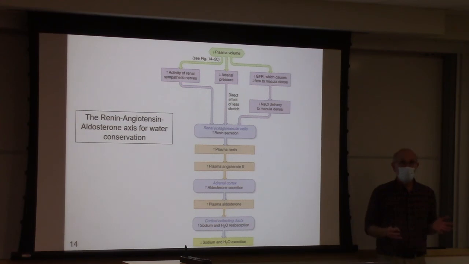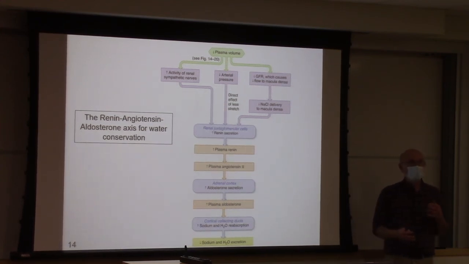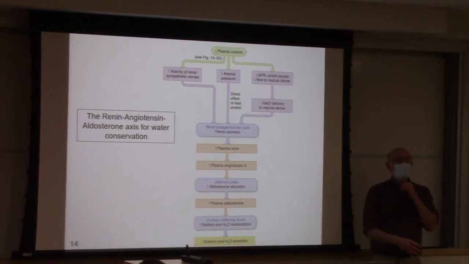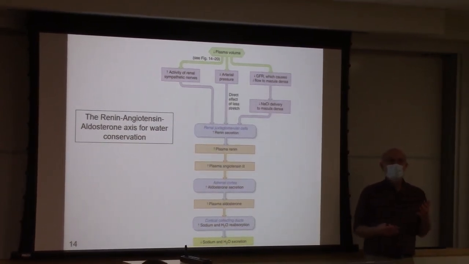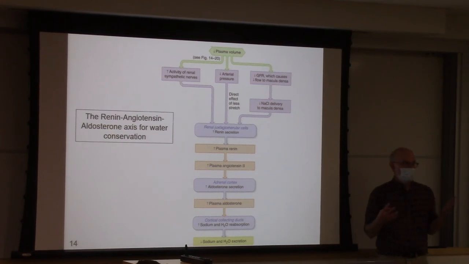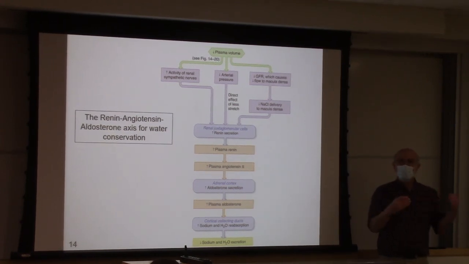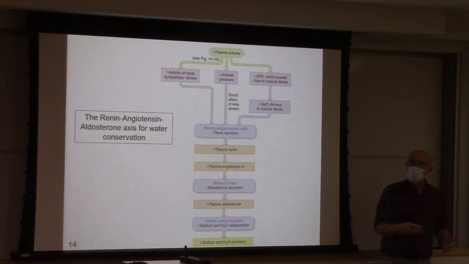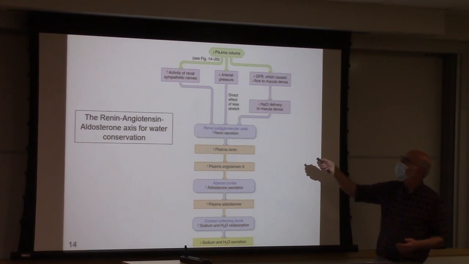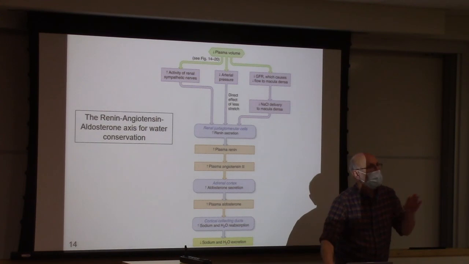We have mechanisms for doing that, and we have drugs that help us do that. Diuretics are drugs that are designed by humans to increase diuresis, which means increasing the production of urine in order to reduce volume, in order to reduce pressure. Okay, so that's leading you into what we're going to be doing pretty soon, which is going out to our breakouts and working on the problem set.